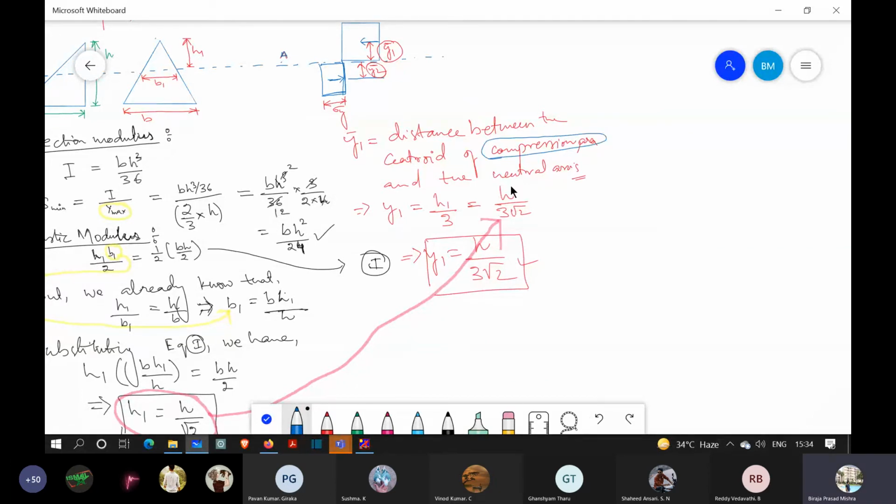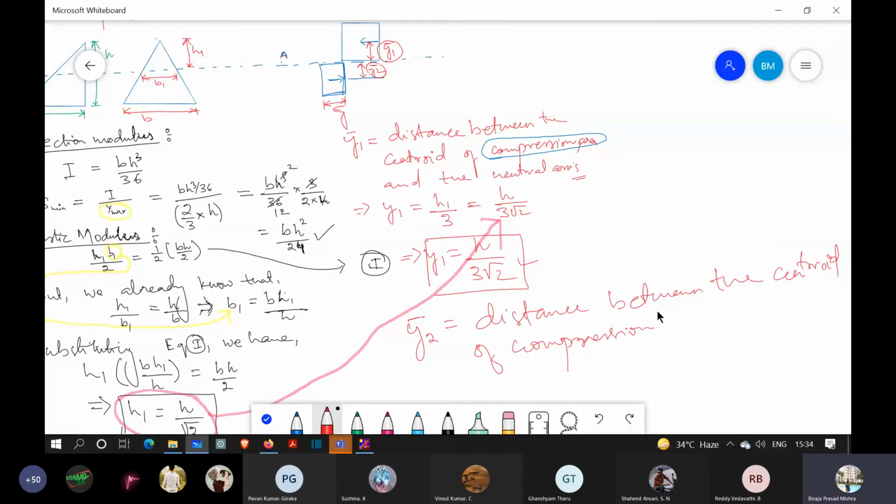Okay, and y2, so similarly y2 bar equals to the distance between the centroid of compression and the neutral axis.